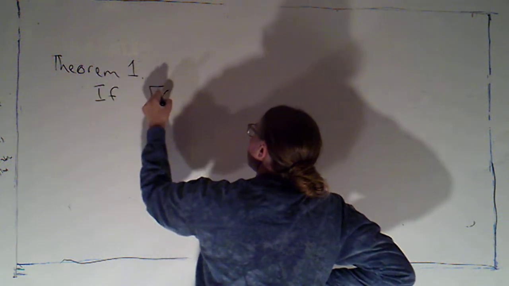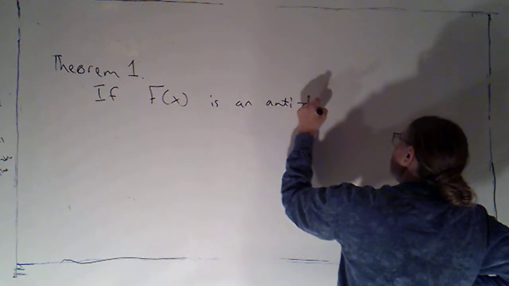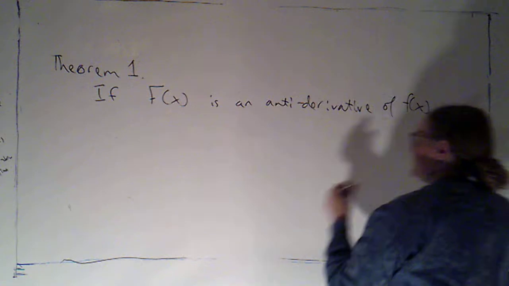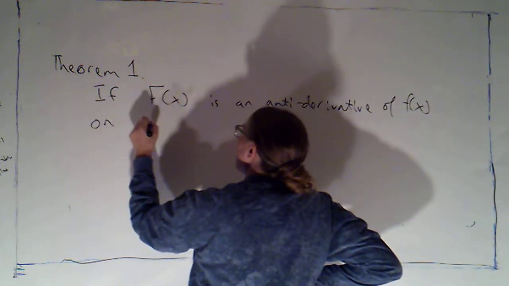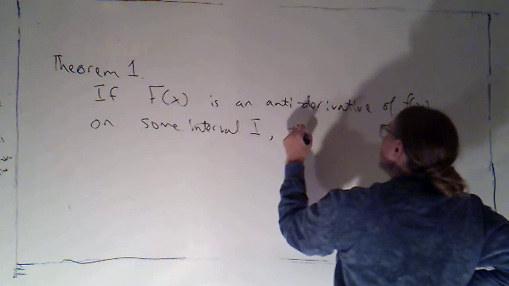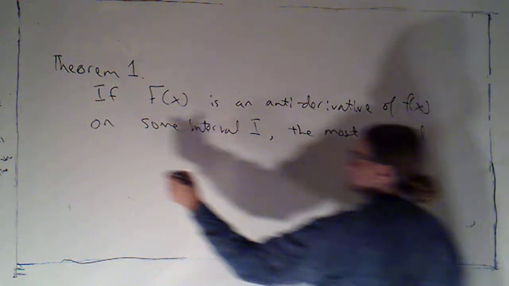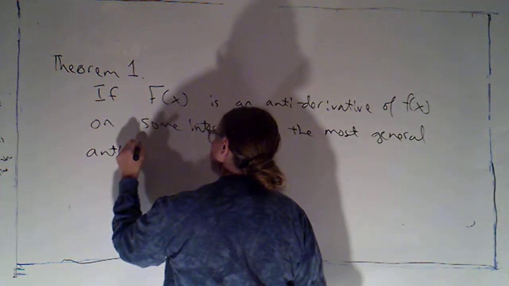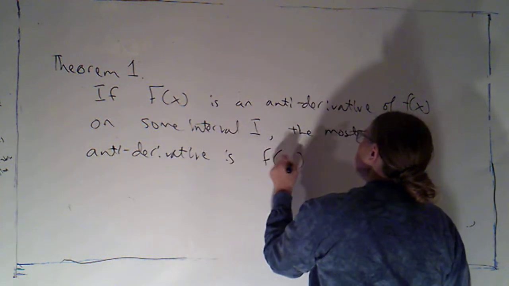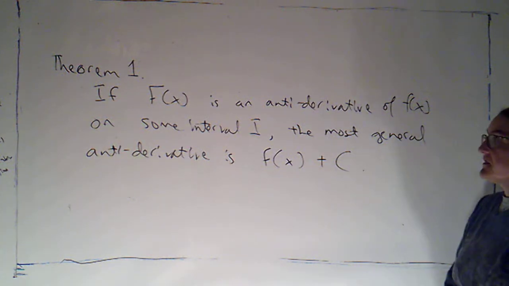If F of x is an antiderivative of little f of x on some interval I, the most general antiderivative is F of x plus c, where c is an arbitrary constant.